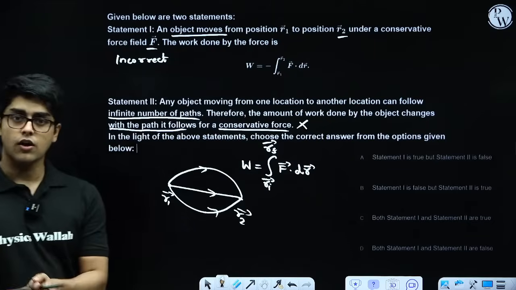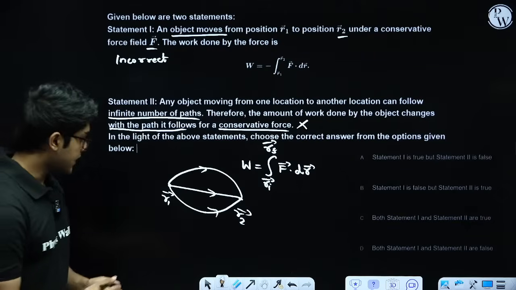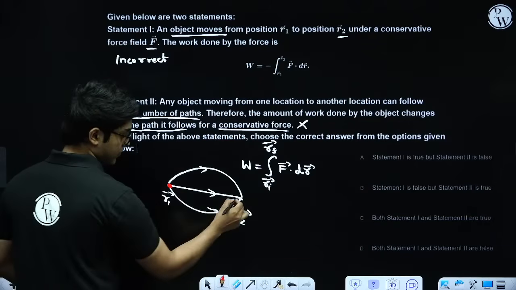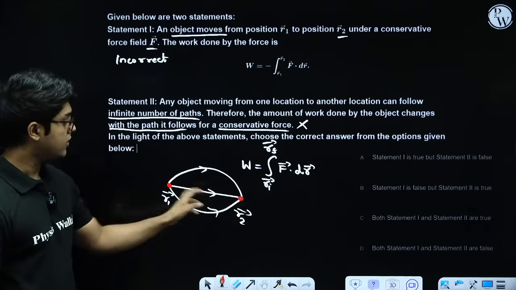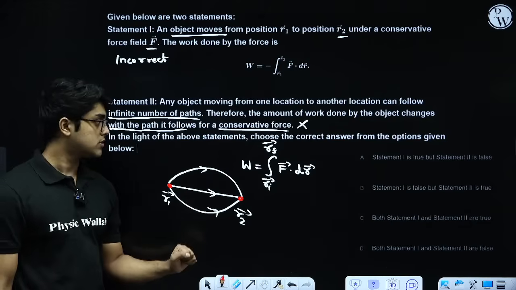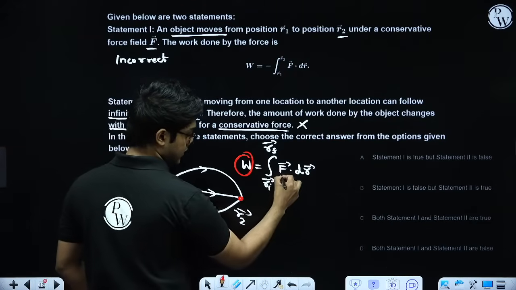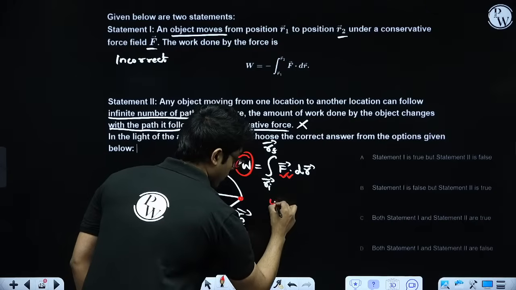The definition of conservative force is that whichever path you choose, going from some point A to some point B, the work done by this conservative force F will be the same.